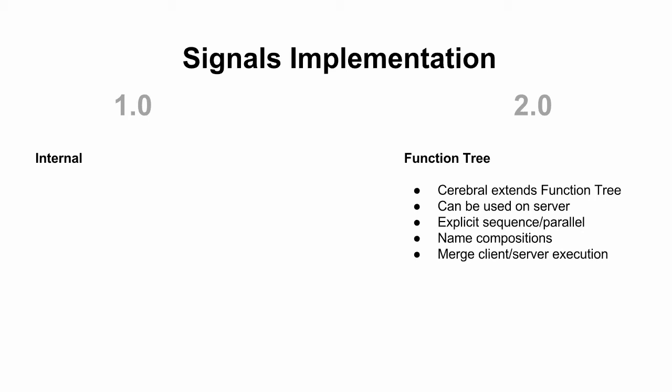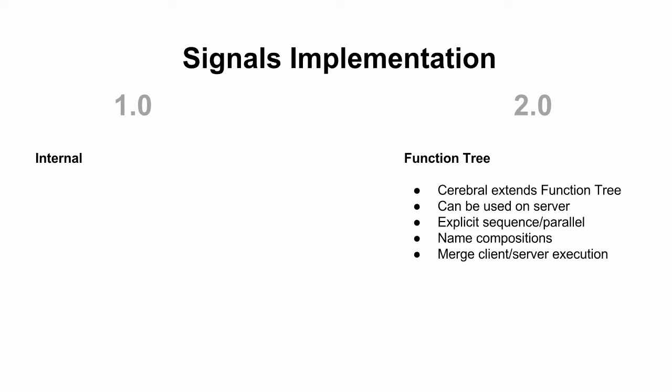And the cool thing about function tree is that it's a very basic implementation, and you can use it for lots of different things. You can even use it on the server, which I will show you later. What's new with this function tree is that we have this explicit concept of a sequence and sequential and parallel execution, which gives us the ability to name compositions.